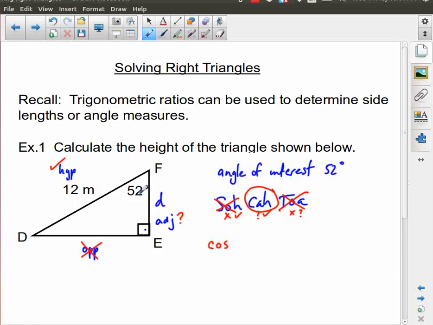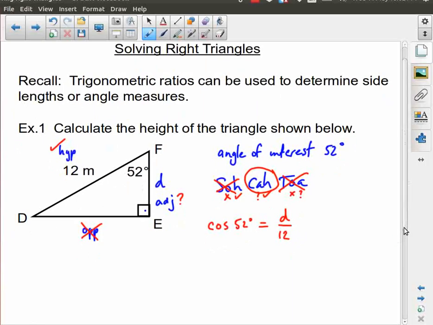I've already established my angle of interest is 52 degrees. So what is the cosine of 52 degrees? Cosine is adjacent over hypotenuse. So for the angle 52 degrees, the adjacent is D, and the hypotenuse is 12. And that's it. All of that was leading up just to this point.